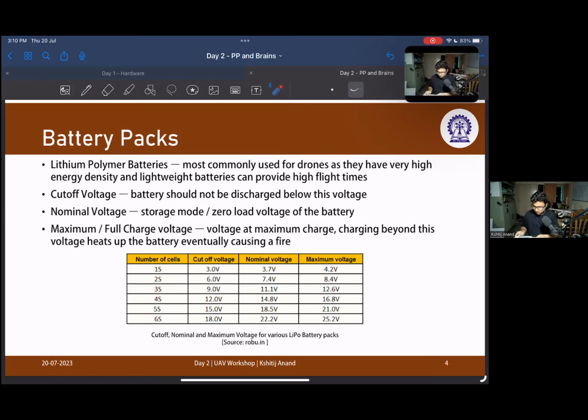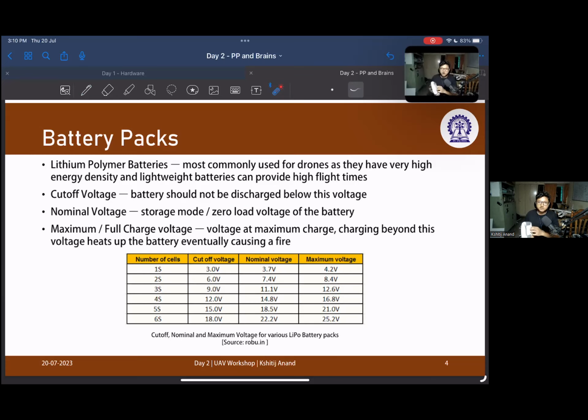I think if someone does not know, then one unit of this is called a cell, and a group of cell units is called a battery or a battery pack.